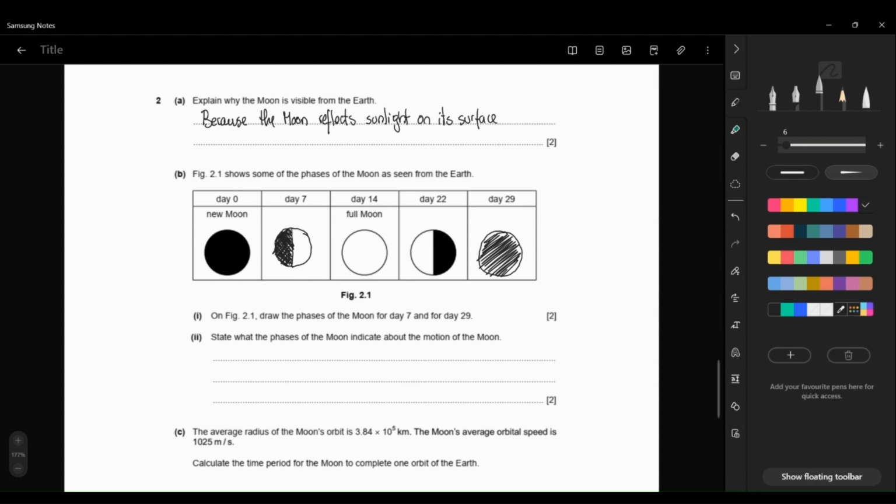So state what the phases of the moon indicate about the motion of the moon.